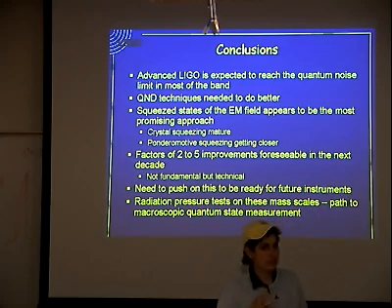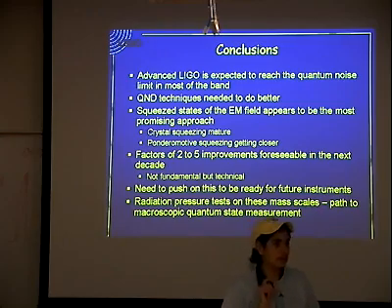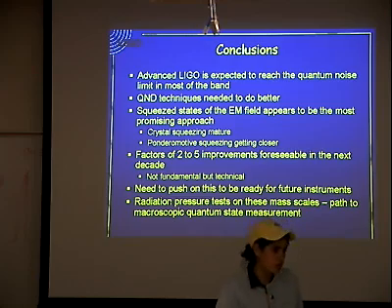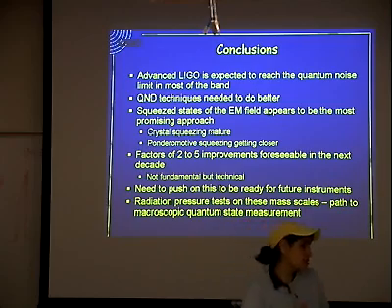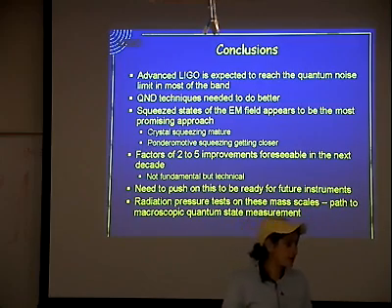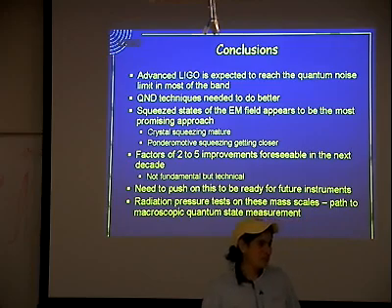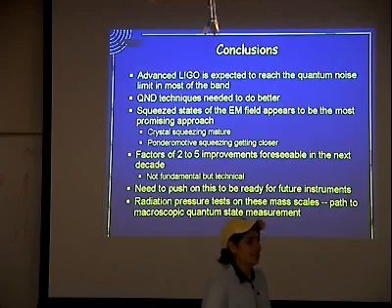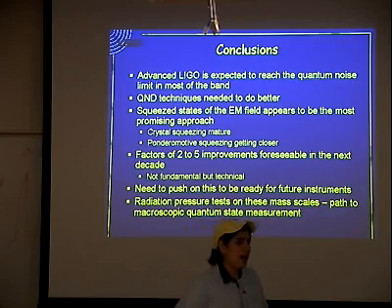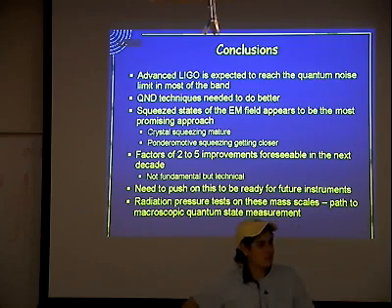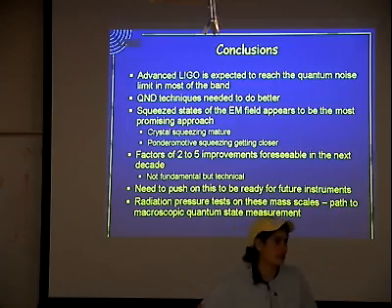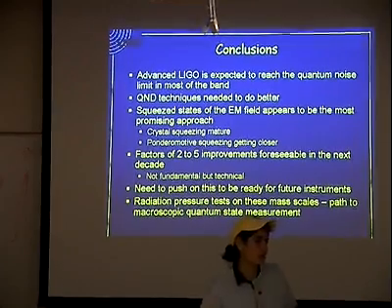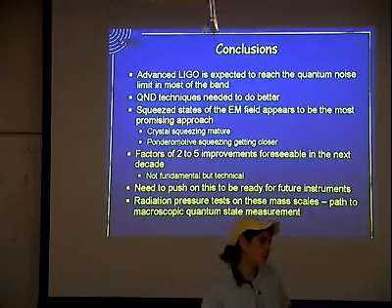Even though people have made big improvements, it's not clear where the next big improvement is going to come from. And in the case of systems like these, we're already using mirrors close to as good as you can make it. So I don't know which will go further faster. But I would say it will be a good decade before a ponderomotive squeezer will become the workhorse of sub-shot noise interferometer measurements. I think we're at the point of starting to see the way.